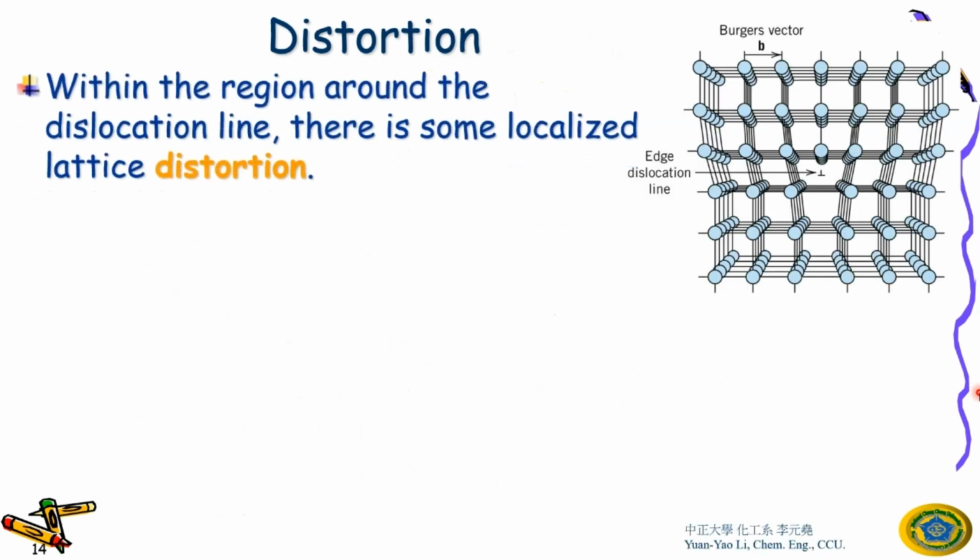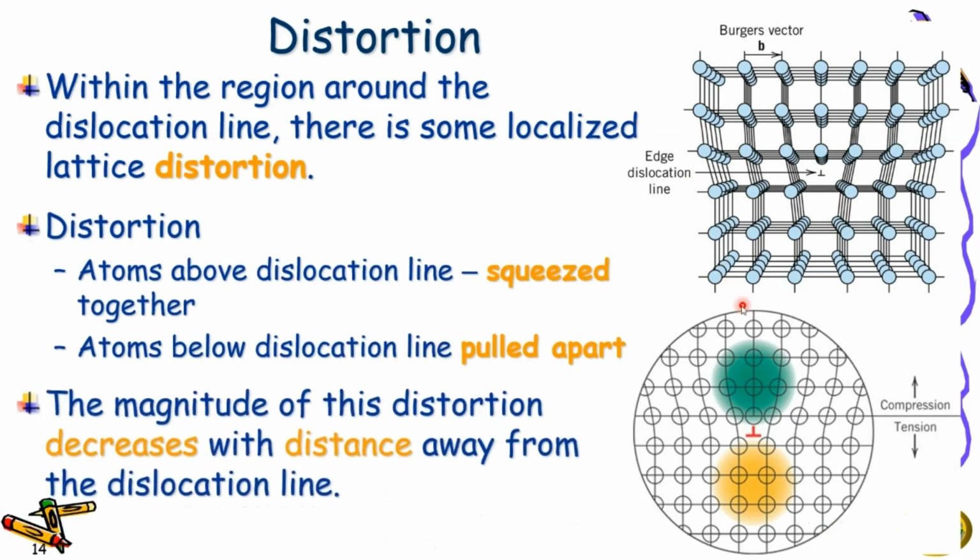Right, so the distortion is within the regions around the dislocation line. There is some localized lattice distortion because the shape is changed because of this dislocation line. Distortion means you have an extra half plane here, and the shape is destroyed or distorted.